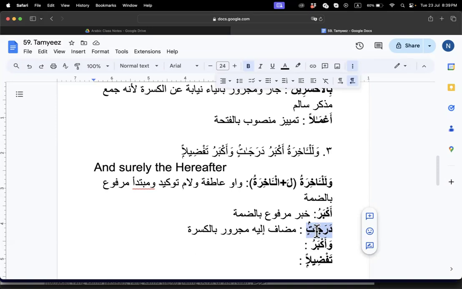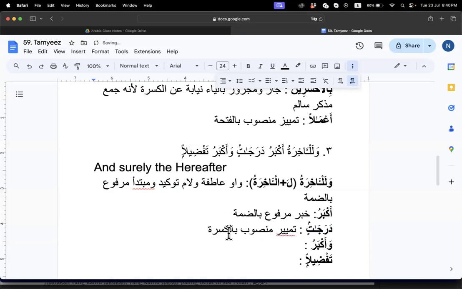If you say this is mudhaf ilaihi, it sounds incomplete, like the biggest of darajat. Maybe, but actually this is tamyiz, bigger in terms of darajat. So this is tamyiz, mansub bil kasrah.